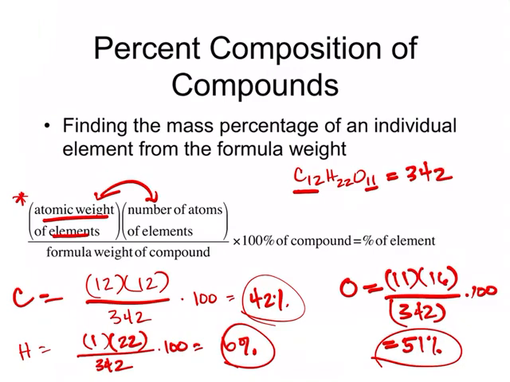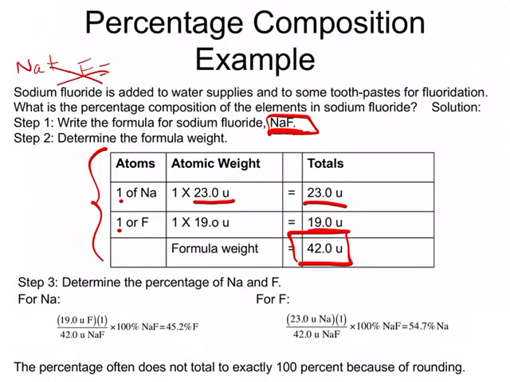Okay, so that's what we just did on that previous slide for sucrose. So this is saying the atomic weight of fluorine is 19. There's 1 of them. You divide that by 42, multiply by 100, and that's the percent composition for the fluorine portion of it.